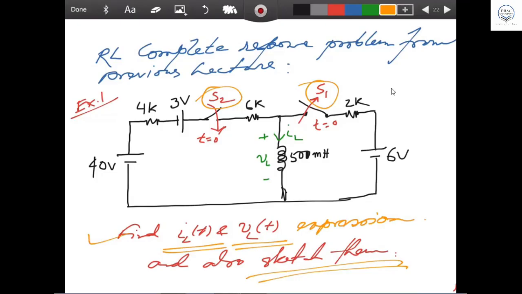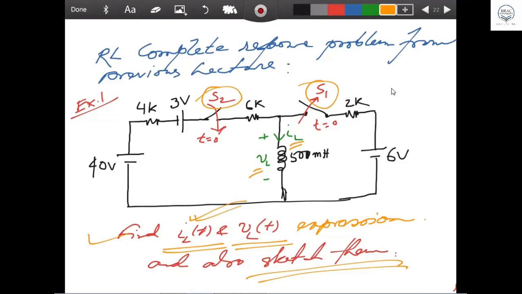Now, in order to solve the problem, you have to find VL and IL. And I told you in last classes that you will go for finding the IL. For an RL circuit problem, you find the equation for IL and you sketch it, draw it. And VL will come automatically from the IL graph.